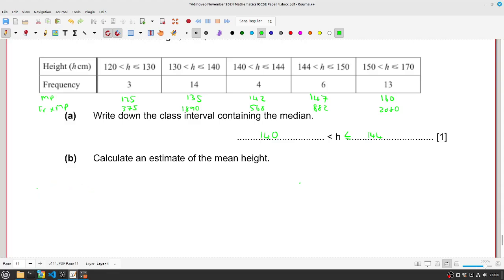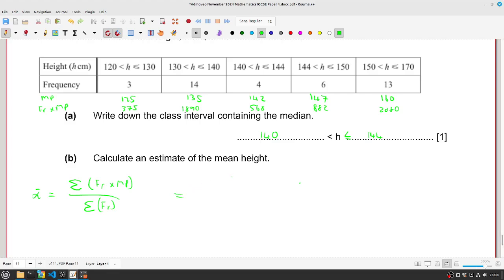So the estimate of the mean is the sum of the frequency times the midpoint, divided by the total frequency, the sum of the frequency, which I can write as n.